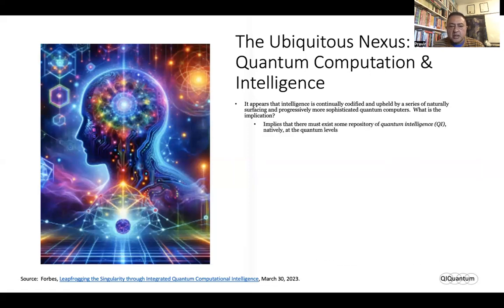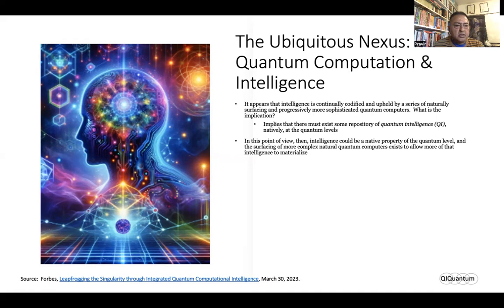It implies that there may be some repository of quantum intelligence natively at the quantum level. And in this point of view, intelligence could be a fundamental property at the quantum level. The surfacing of more complex natural quantum computers can be thought of as allowing more of this intelligence to materialize.